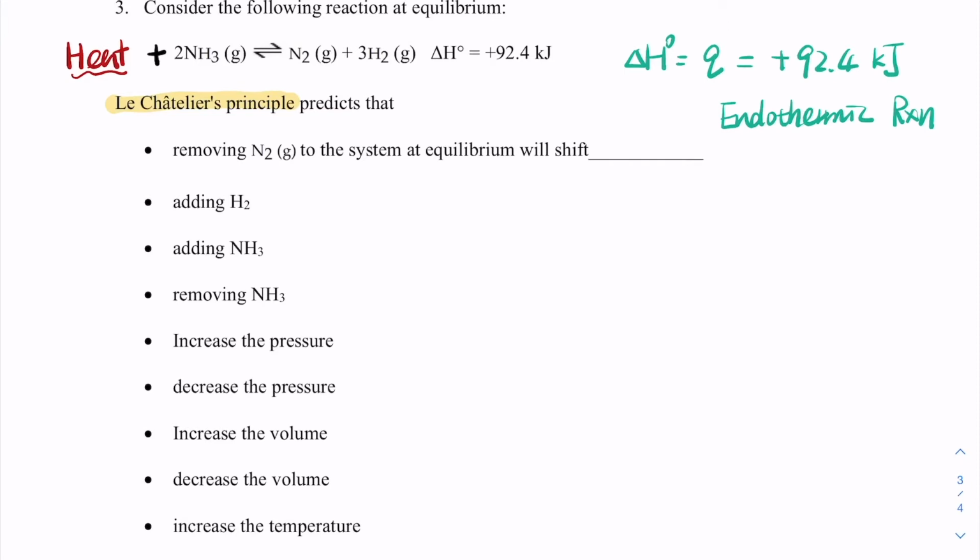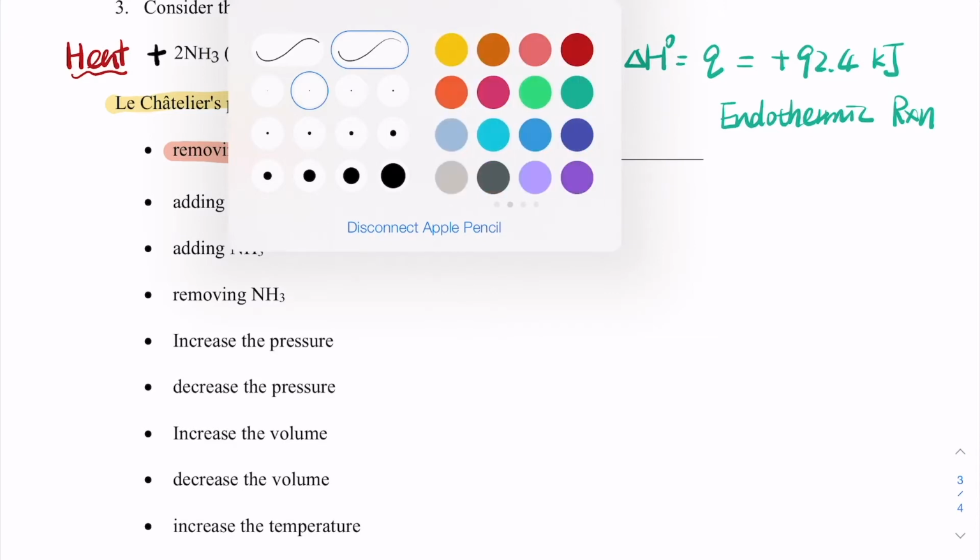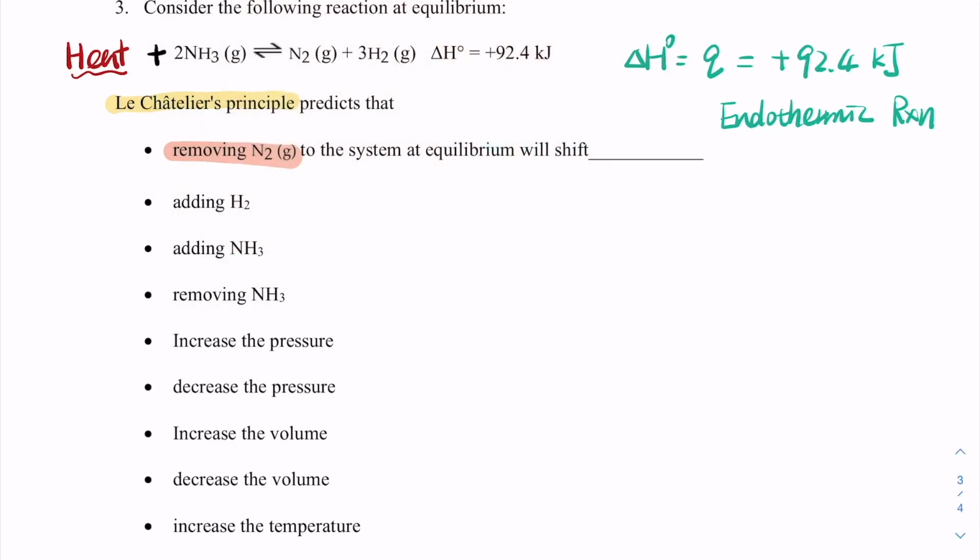Now let's look at under all these conditions, which direction the equilibrium will shift. For the first one, you're going to remove N2. So you're going to reduce some of N2. The system is trying to counteract this stress.